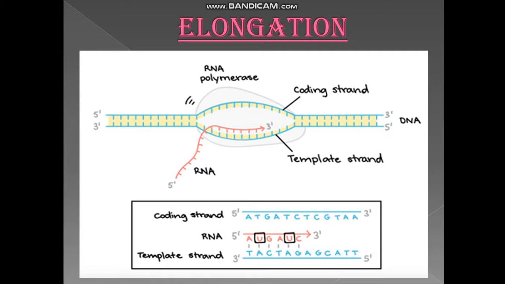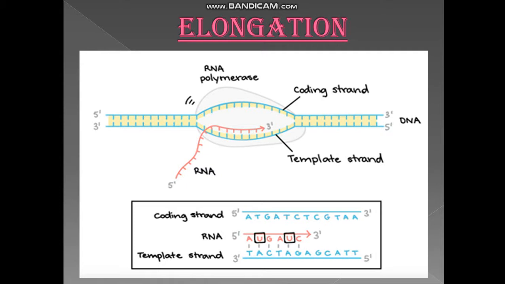Now in the process of chain elongation, the core enzyme keeps on adding the correct ribonucleotide triphosphates and the chain elongates in 5' to 3' direction. You can see the newly synthesized messenger RNA is 5' to 3'. So the chain keeps on elongating.